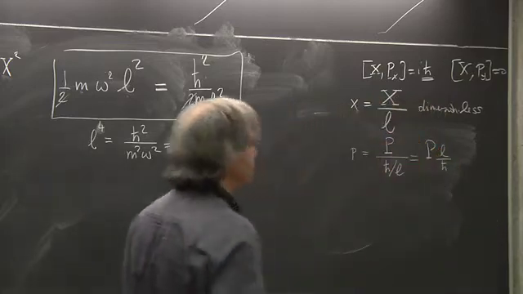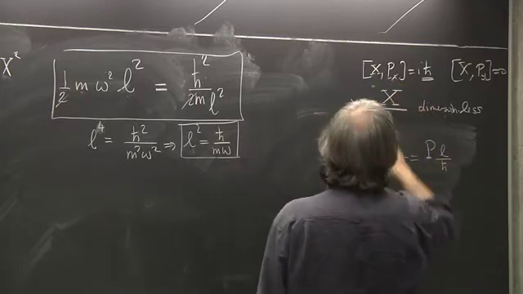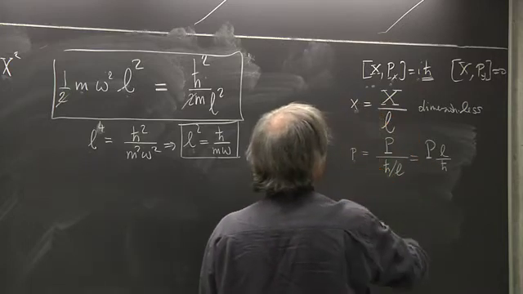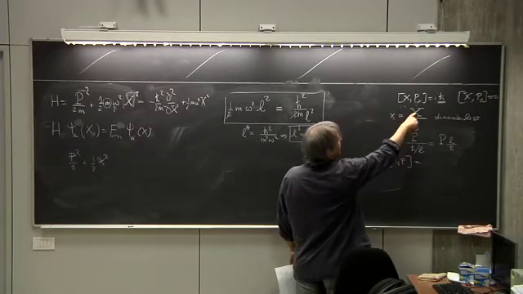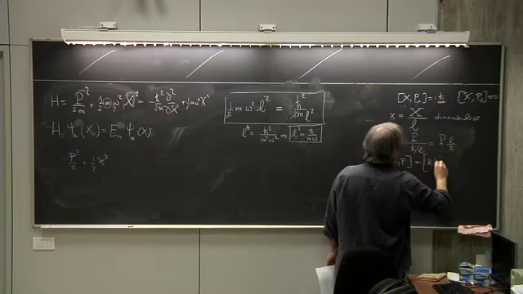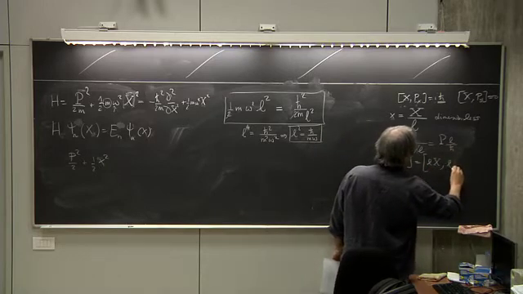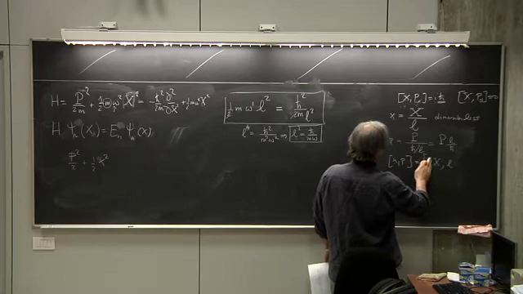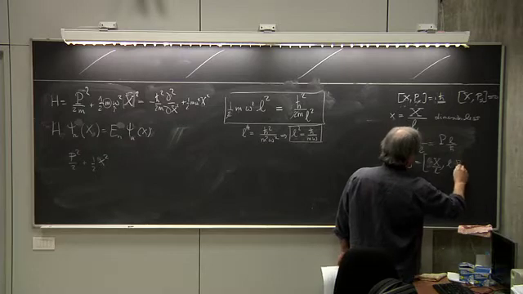Both are dimensionless. And first of all, let's calculate the commutator. You remember that the commutator of x and p was i h bar. Now, what about that of small x and small p? Well, just substitute for x, big X over L, and for p, L times big P over h bar.